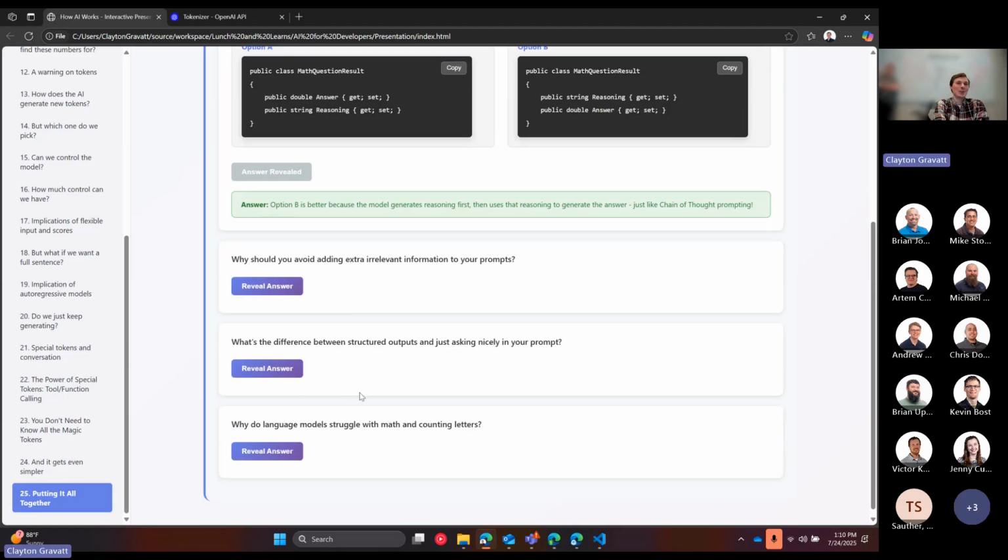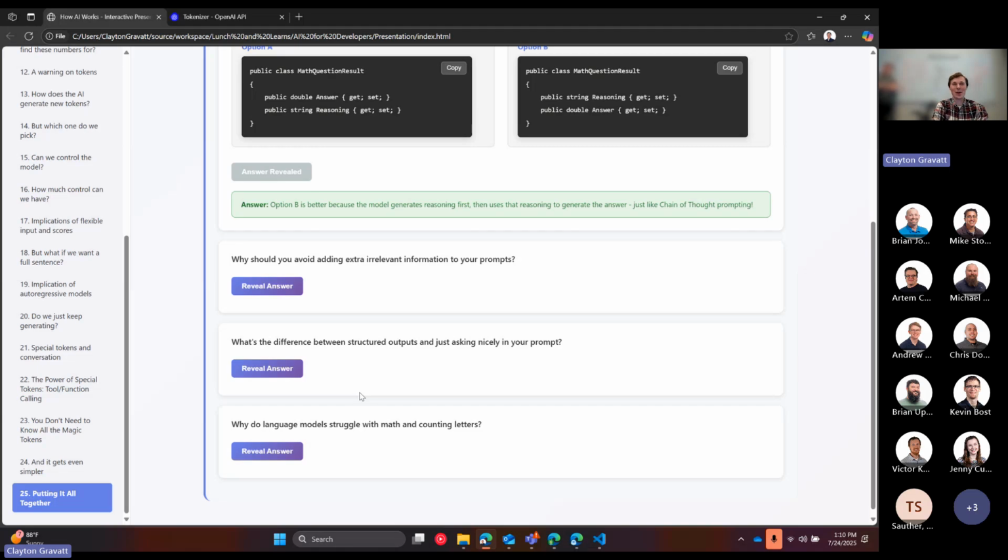Okay, what's the difference between using structured outputs and just asking nicely in your prompt? To give an example of asking nicely: please give me a JSON that has this attribute and then this attribute, versus using structured outputs and constraining the model to do it. The other is a suggestion for the model to do it. Yes, one is deterministically going to happen.